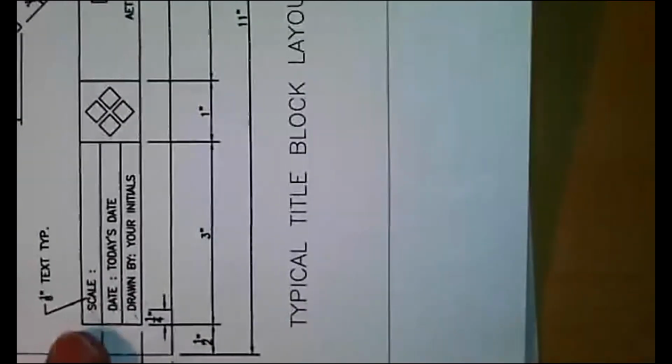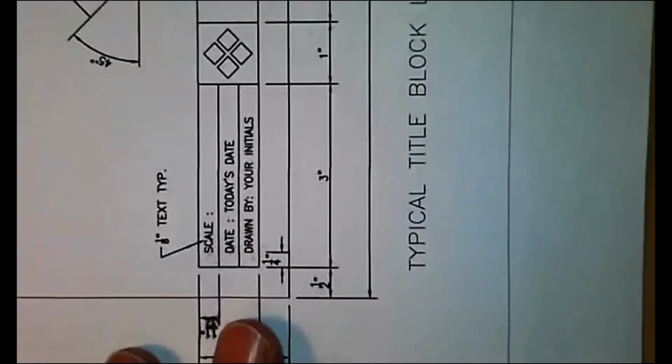Make sure you pick it up and move it so that you don't smear your line work, even though these are secondary lines, because we try to keep our drawings as clean as possible. Again, after you finish with the secondary lines, you're going to be laying out all of the lines of the title block.